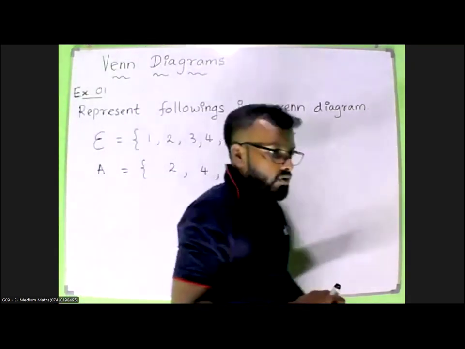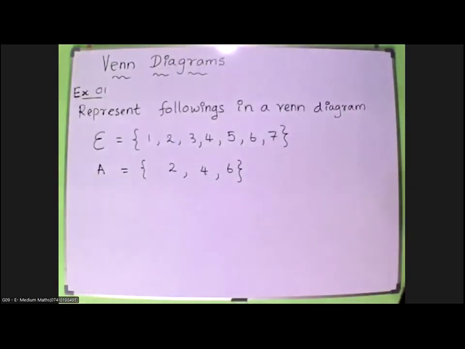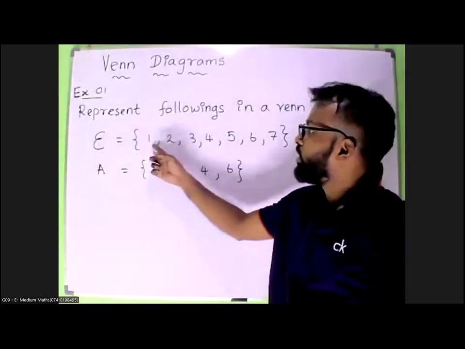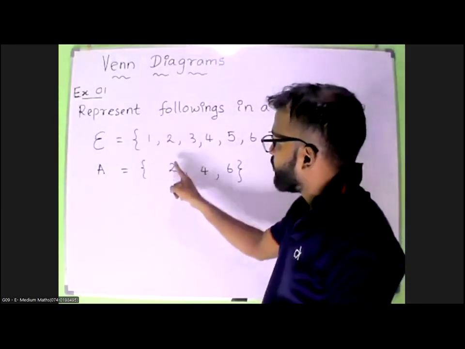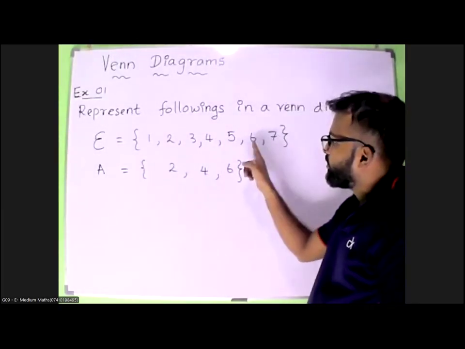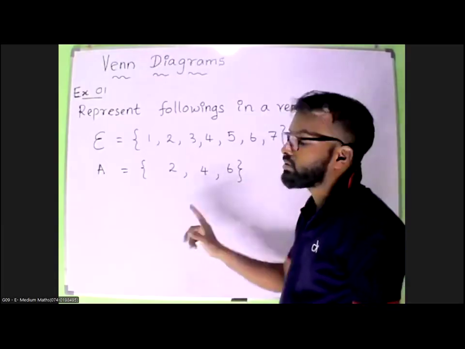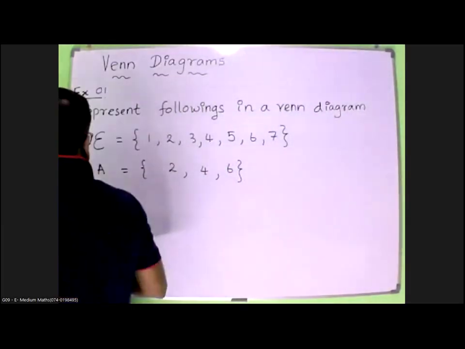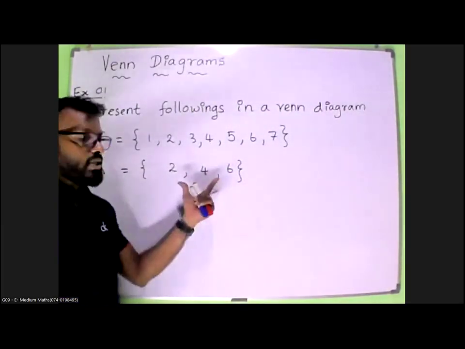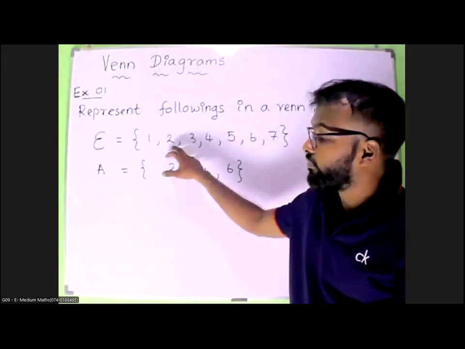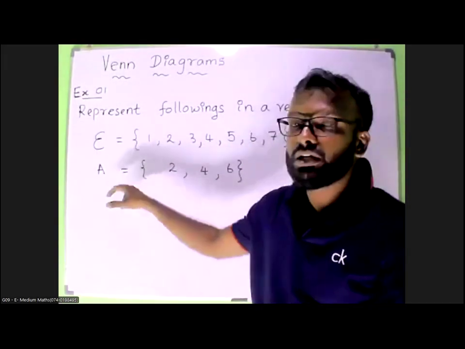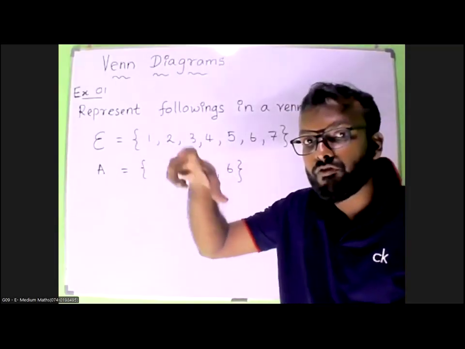So my universal set is 1, 2, 3, 4, 5, 6, 7. My subset is 2 from that, 4 from here, 6 from here. So how do we represent this universal set and the subset in a Venn diagram?